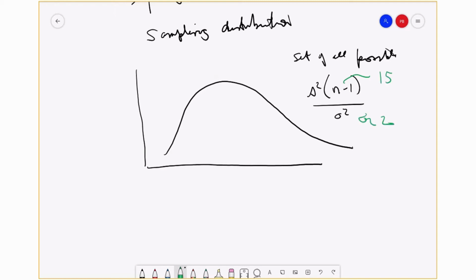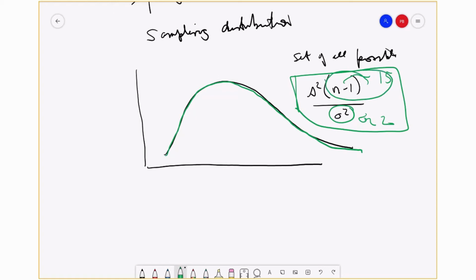So think about what we have here. What we have here is a set of all possible values you could have of this thing, given that that's the null hypothesis. That's what we're going to assume is the underlying population variance. All possible sample sizes of 15, and think of the infinite number of different values of lowercase s squared we could get if we repeated the experiment an infinite number of times.